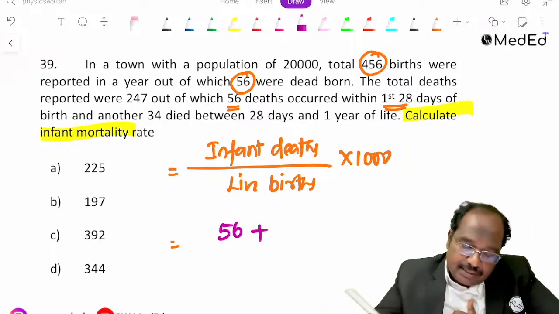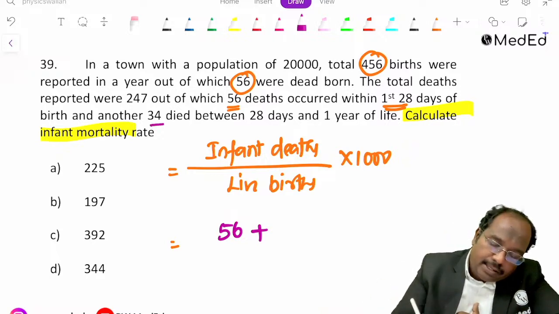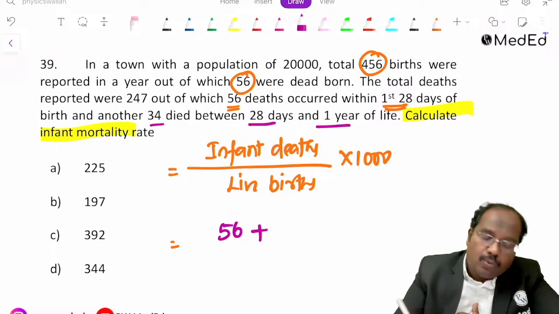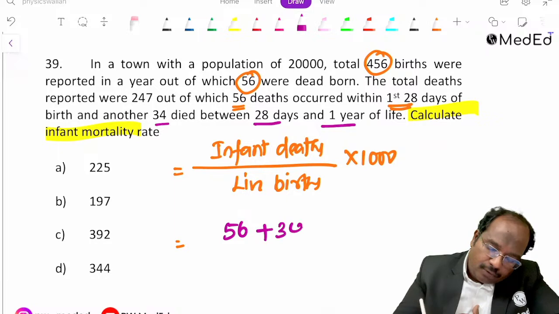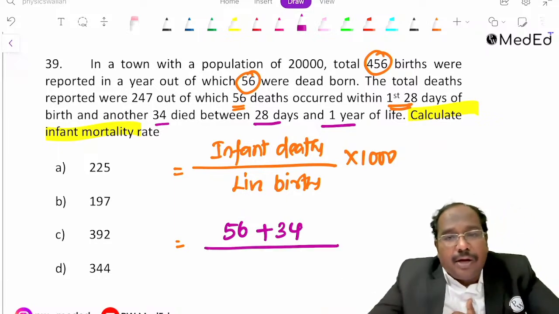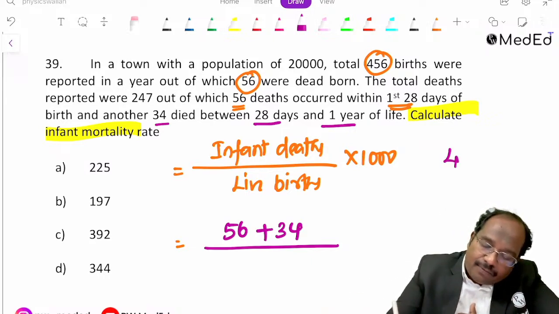34 more died between 28 days and 1 year. That means post neonatal deaths, that is 34. What is the denominator? We include only live births. What is given there? 456 minus 56.